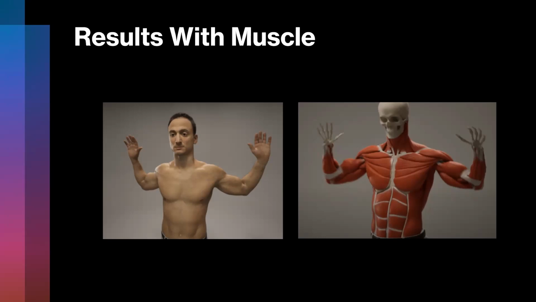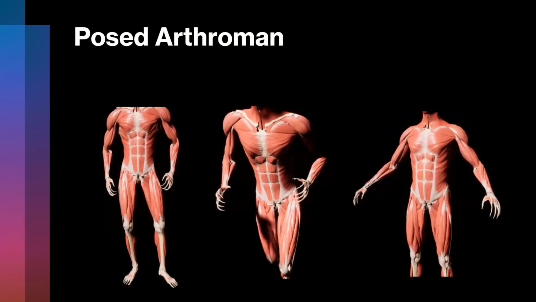But you can see these deformations here on the biceps. You typically wouldn't see those on a character in real time. This is all running in real time. And so the results are just fantastic. I mean, it's night and day, and these are things that we couldn't do before in real-time applications. And here's our Arthroman. You can see the muscle deformations.